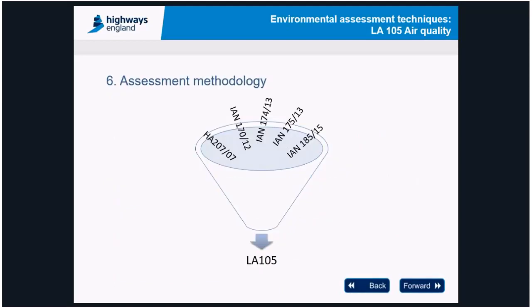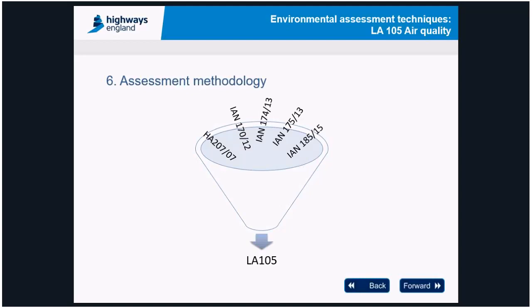So this next slide, slide 6, provides a very brief summary, just to say that LA 105 encapsulates both the core of DMRB, which was HA 207/07, the air quality assessment methodology, and the various interim advice notes that we built up over time. Just for completeness, interim advice note 170/12 dealt with future projections of NOx and NO2 concentrations.